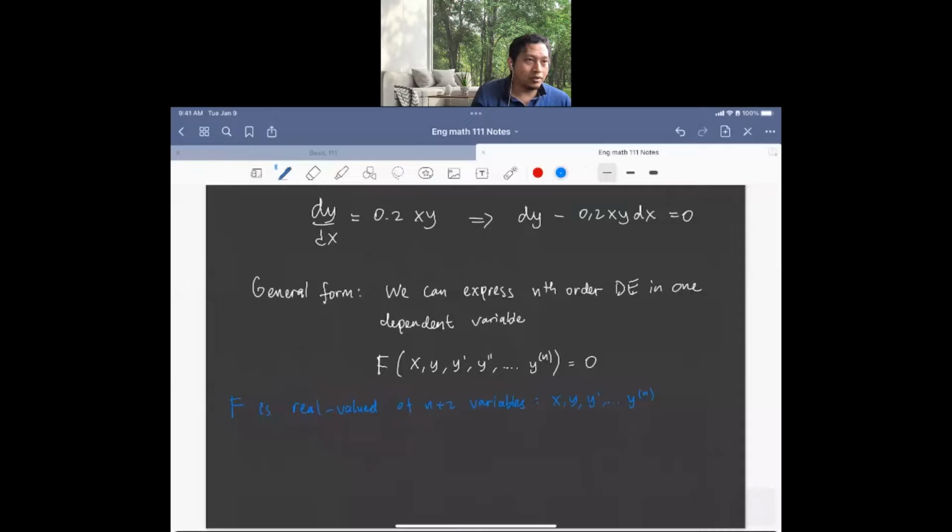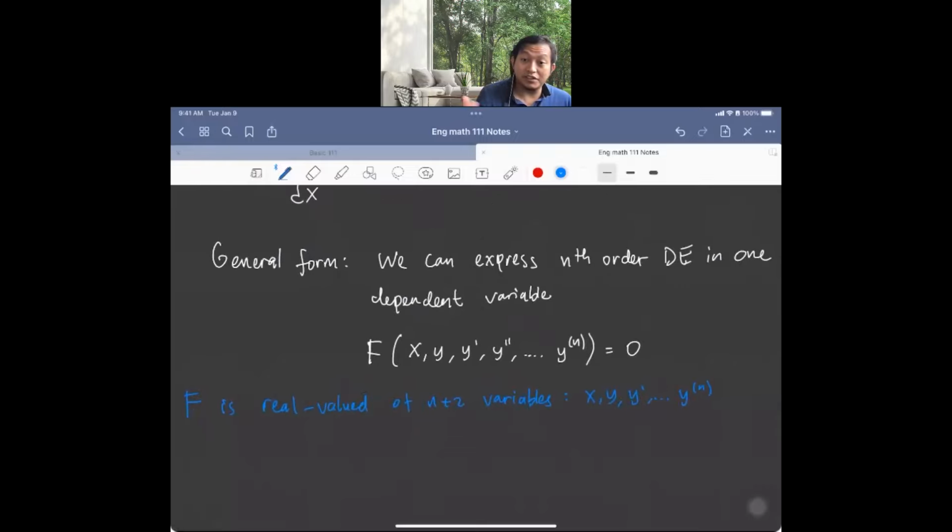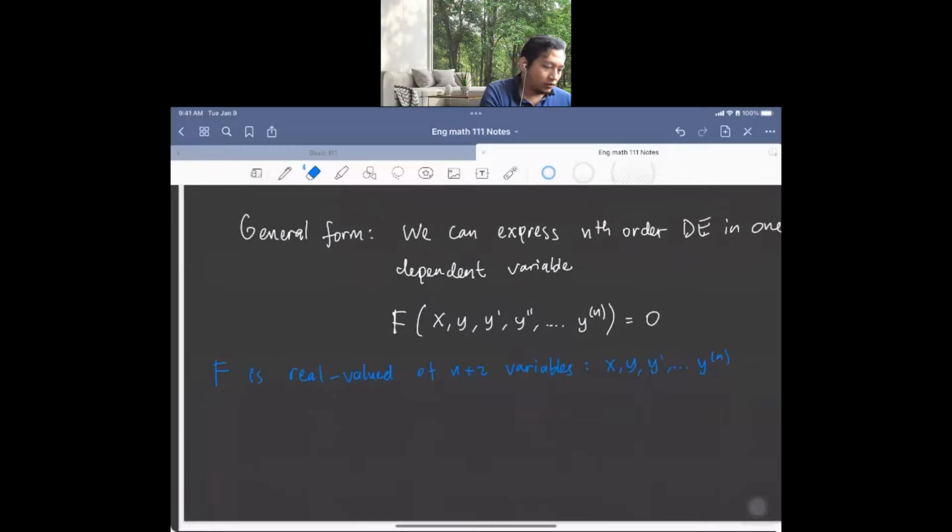But I think this general form is not really practical because it does not really represent the DE in explicit form. So usually we try to make it more similar to what the differential equation looks like, which means that we need to introduce the Leibniz notations within this form.